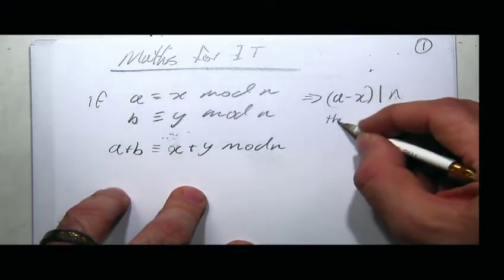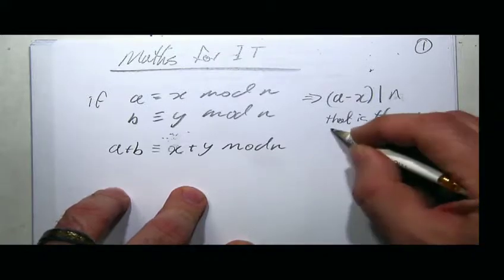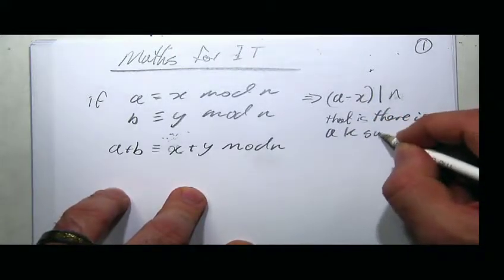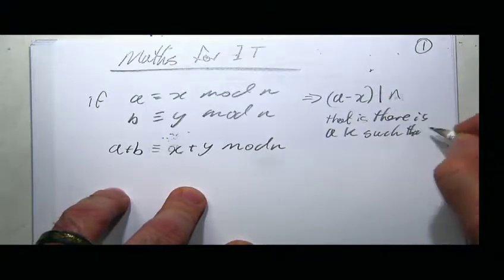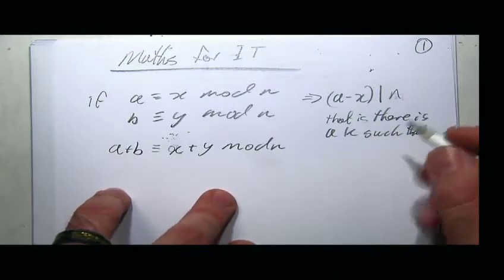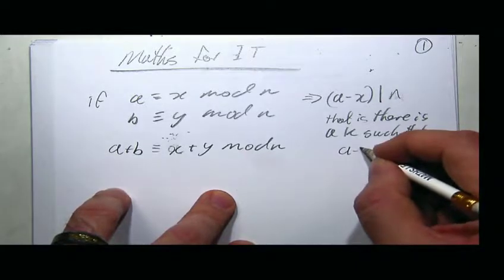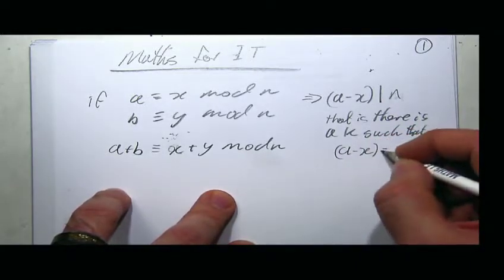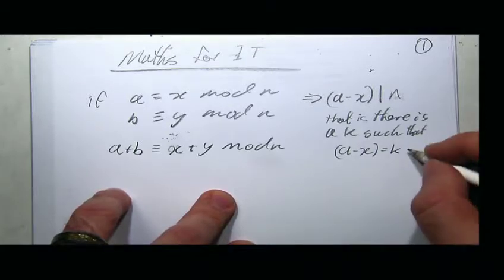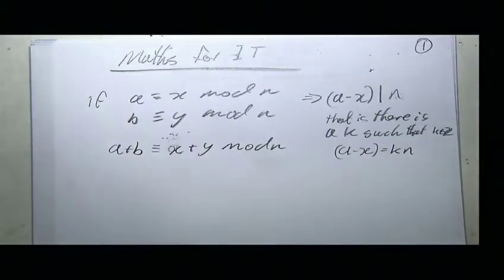So that is a K such that, we'll see me write s.t., which will be such that, because it will happen eventually, A minus X is equal to some K times N. All right, so we're going to say that K is in the integers.